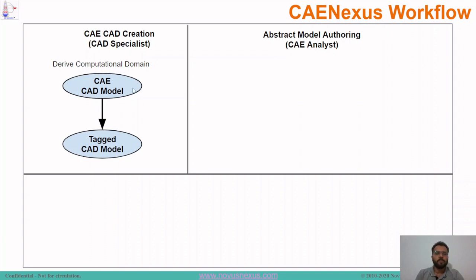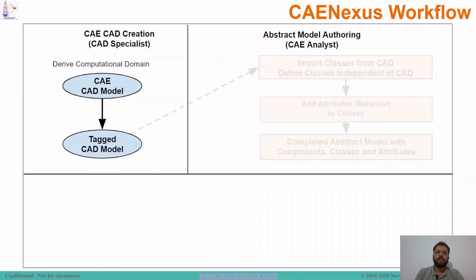For example, for CFD, he will derive the fluid spaces. Then he adds string parameters with certain naming conventions to the CAD parts. These string parameters are called component and class tags in the CAENexus context.